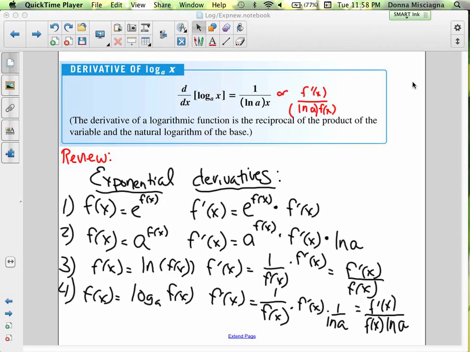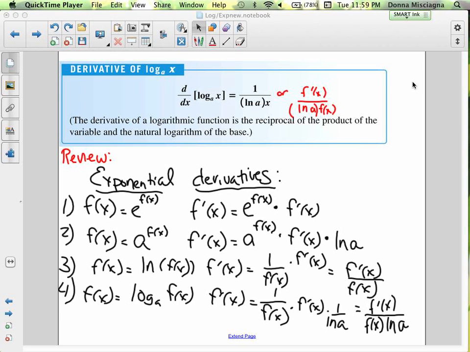Well, now we're going to do the same thing, but we're going to be dividing by natural log, because you kind of think of them as exponential and log inverse operations. If we have something other than just an x, then it's going to be the derivative of whatever we're taking the log of over natural log of a times f of x.